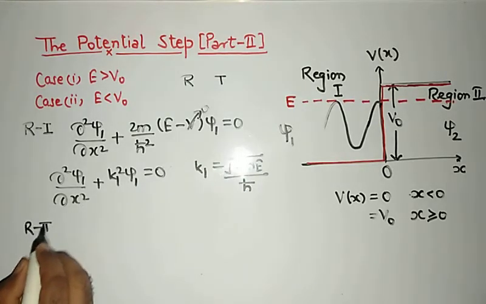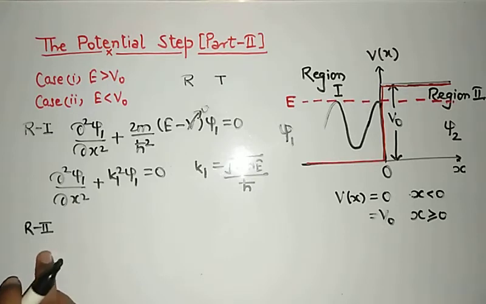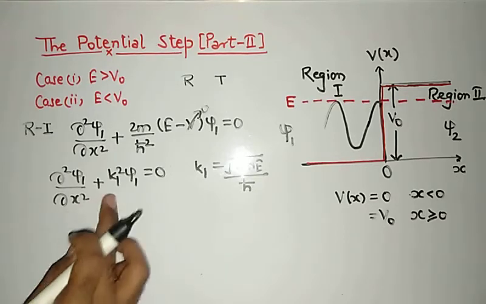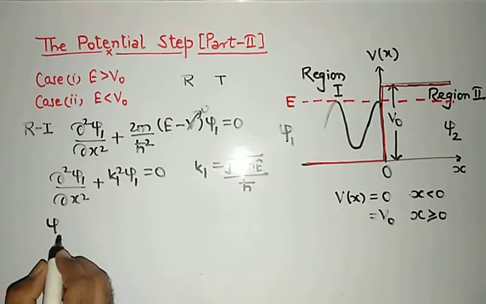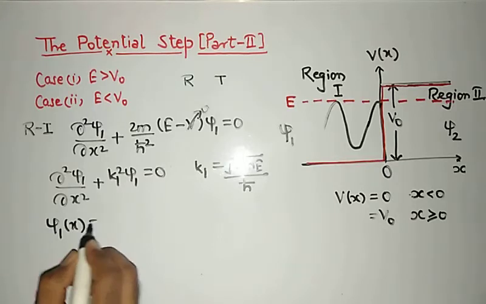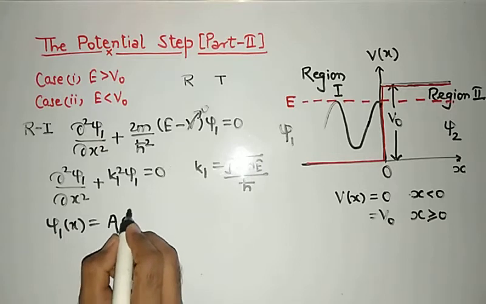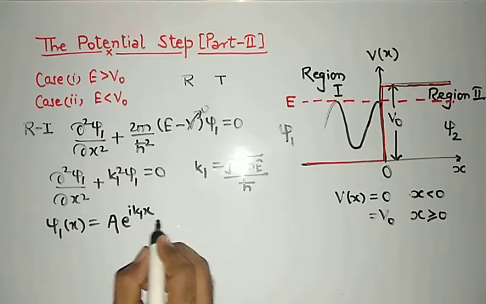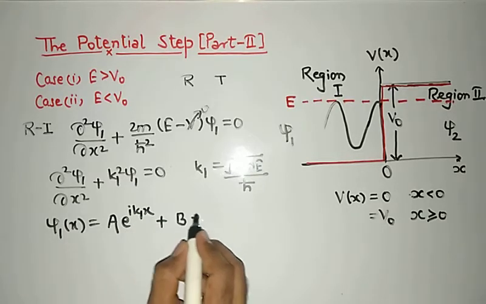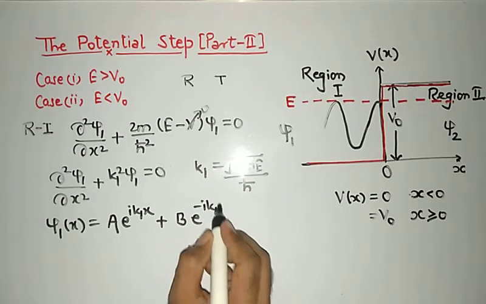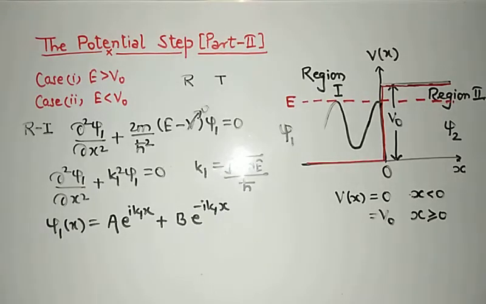Now consider region second. Before this we can take the solution for psi 1. The solution will be a e to the power i k1x plus b e to the power minus i k1x. What is this actually?